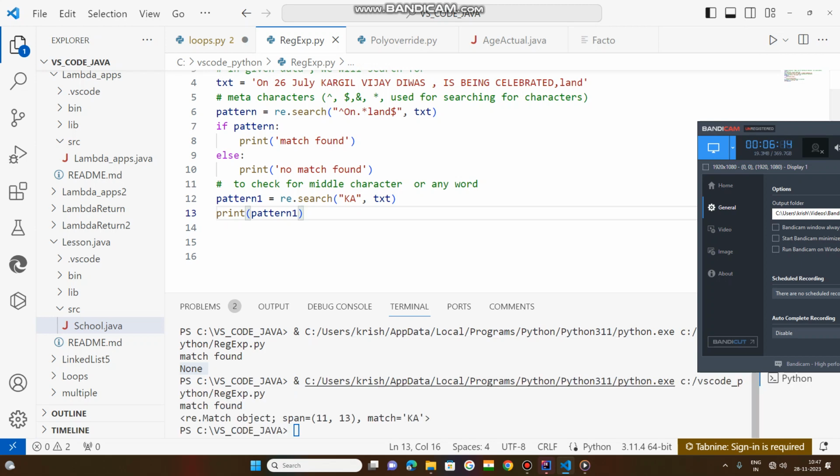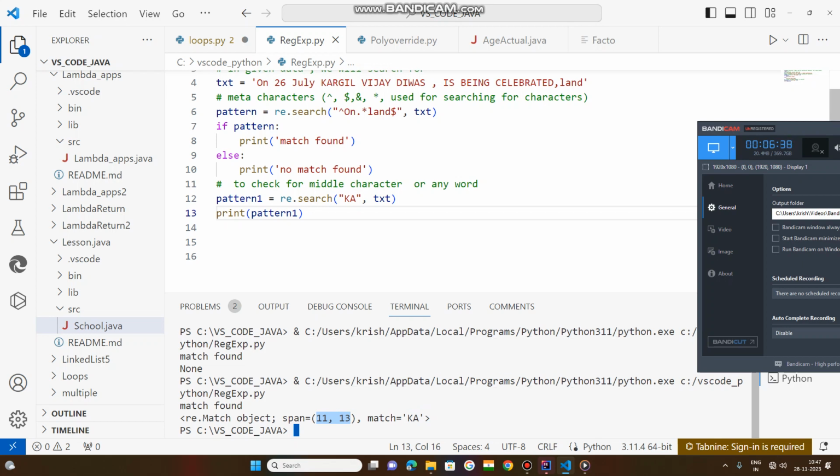Match found. See, it is stating that match found for the first pattern. In the second pattern, this KA middle character match is found, span equal to 11 to 13.